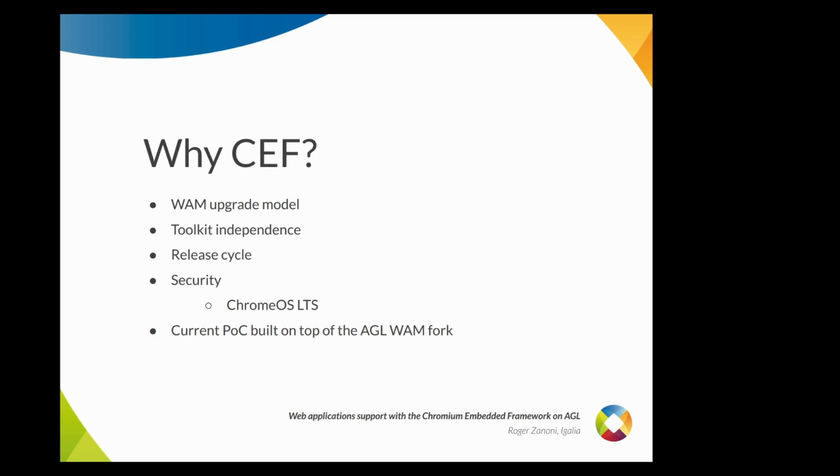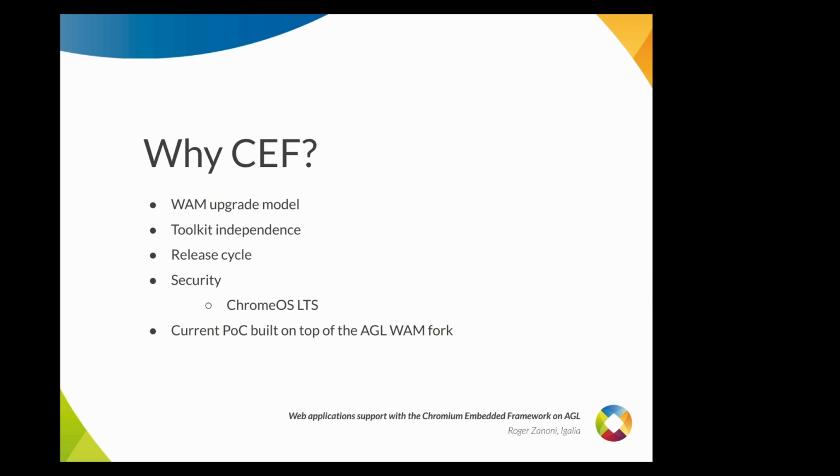And it's an improvement on security, since we can, for example, use the current Chromium LTS milestone, and on this milestone we don't receive feature updates for 6 months, but we keep receiving security updates.